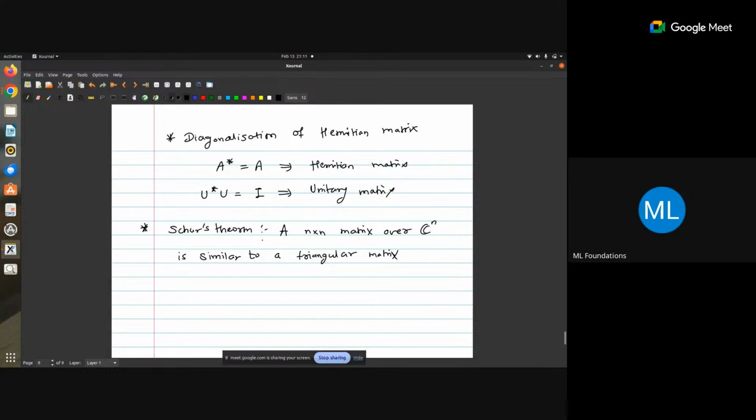Fine, it's okay. So it is similar to a triangular matrix via a unitary matrix.